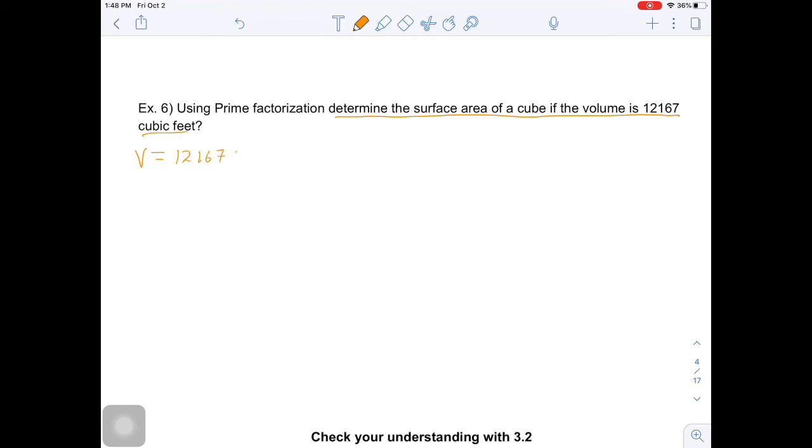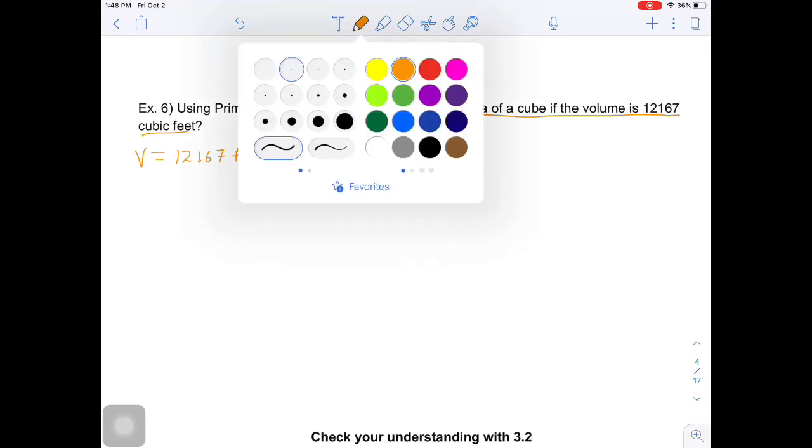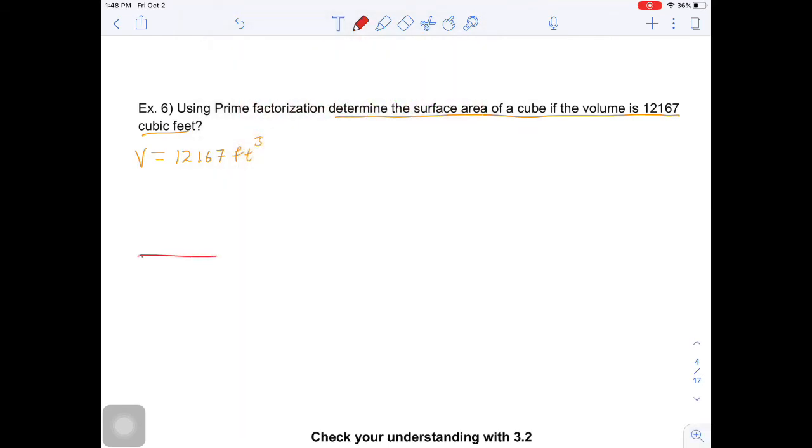Okay, so first of all, our volume equals 12,167 cubic feet, which is feet cubed. Okay, understand that we're talking about a cube. What does a cube look like? So a cube is something where all the side lengths are the same length. So this is x, and this is x.